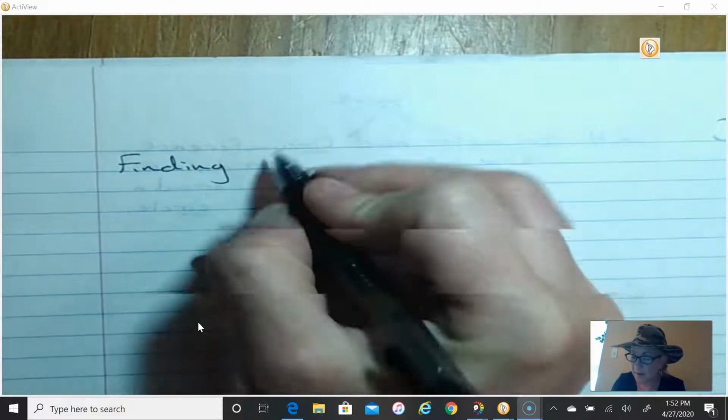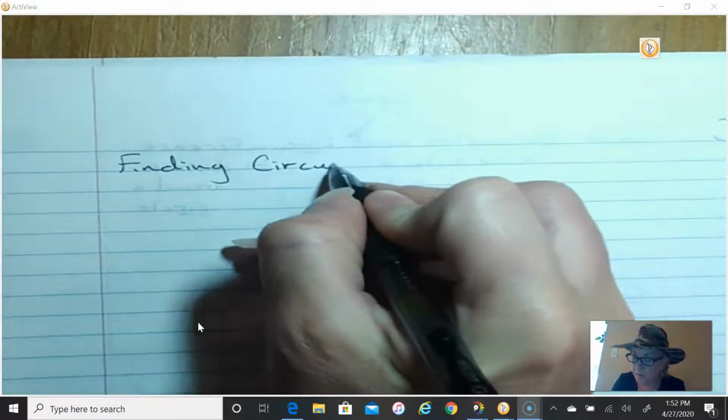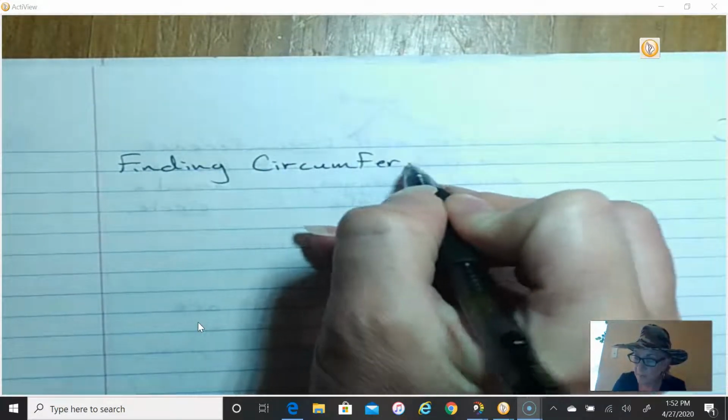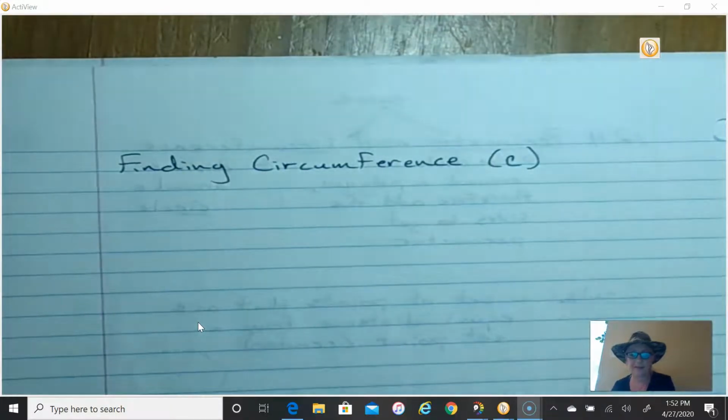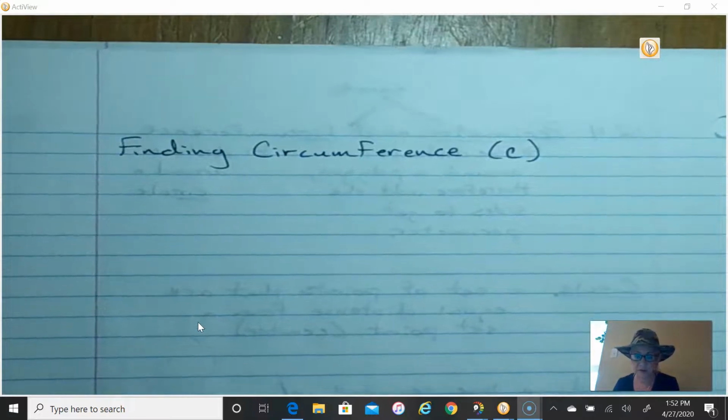Okay, now we're moving on to finding circumference. C is the symbol for circumference.